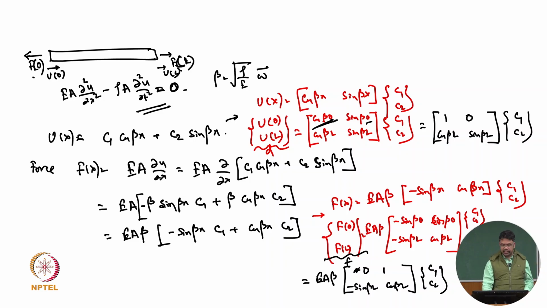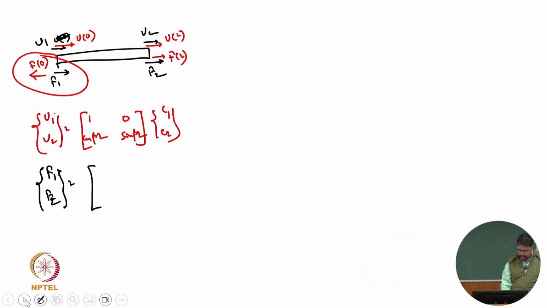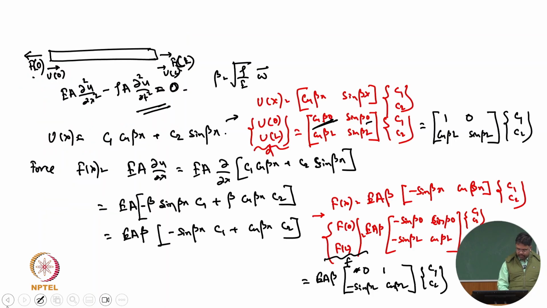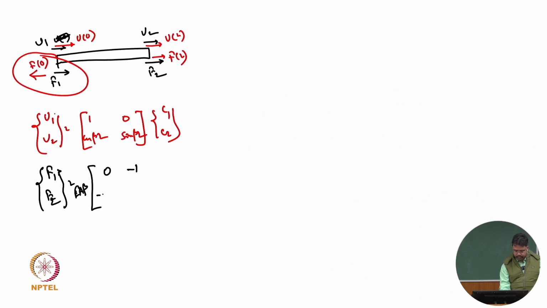So these two will be changed. So EA beta times 0 -1, previously it was 1, now I have to put -1, minus sin beta L, cos beta L, with C1 C2.